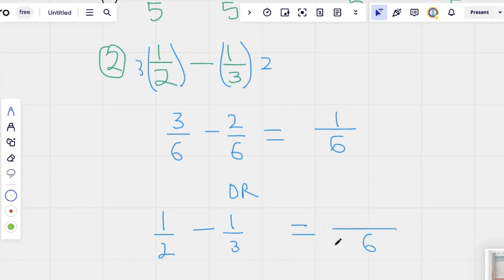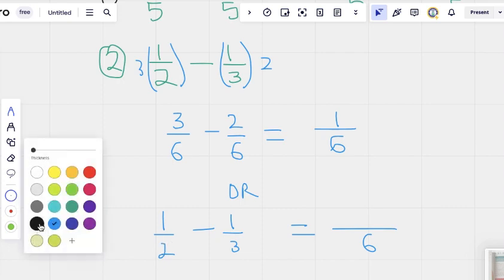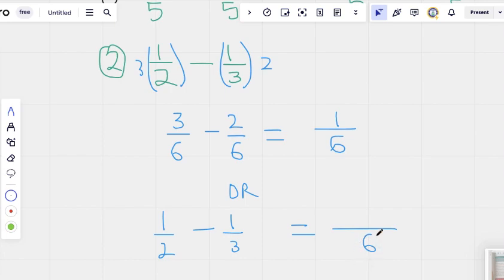You take the LCM and divide it by this denominator. 6 divided by 2 is 3, and 3 times 1 is 3, so we write 3 here. Then 6 divided by 3 is 2, and whatever you get when you divide, you multiply by the numerator. 2 times 1 is 2, so you say minus 2. So 3 minus 2, you get 1 all over 6.